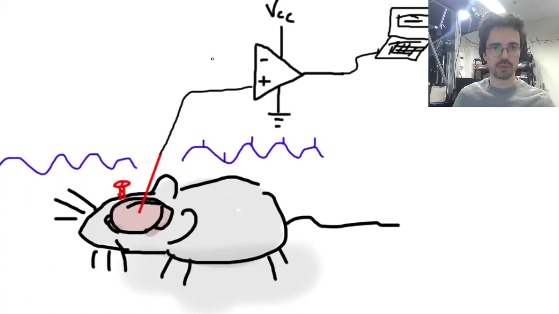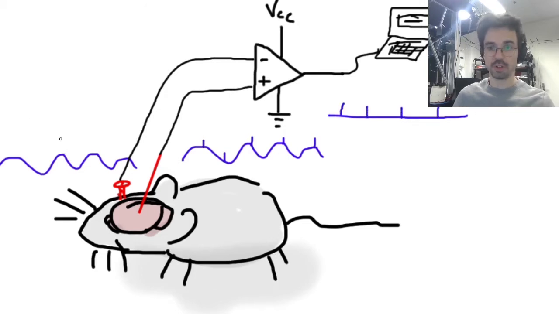You're probably familiar with the term ground screw. So now that could connect to the other input. And now, because of the nice common mode rejection that we talked about in this instrumentation amplifier here, the output of the whole system ought to be just the spikes with none of the noise. In this situation, we have completely ignored the ground, and we have just said, okay, let's use the common mode rejection properties of the instrumentation amplifier.